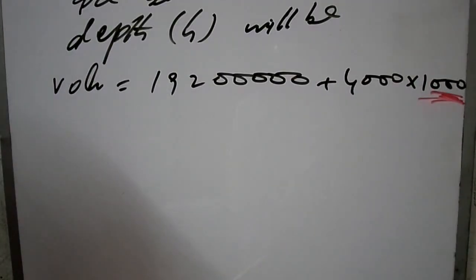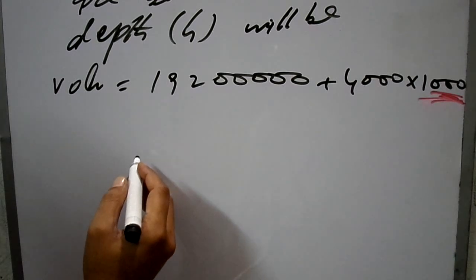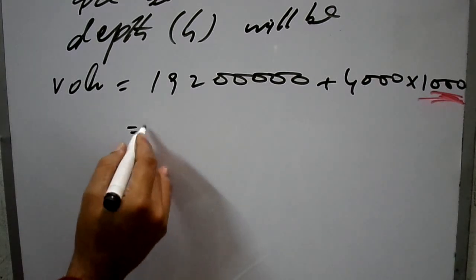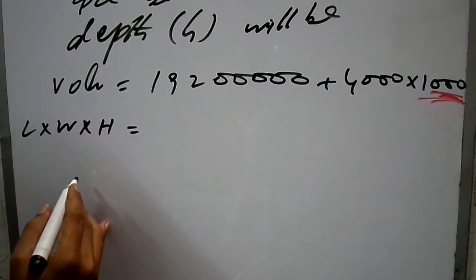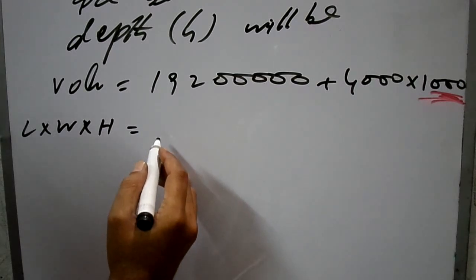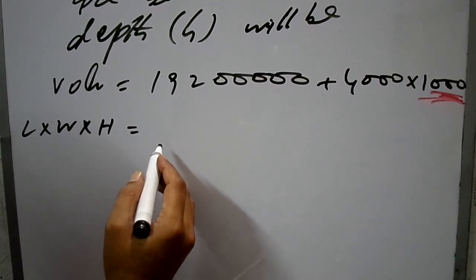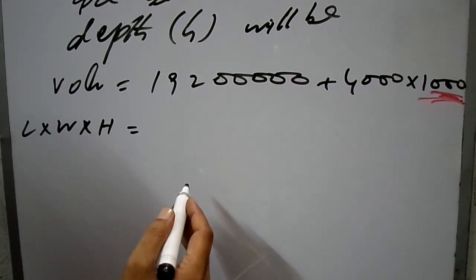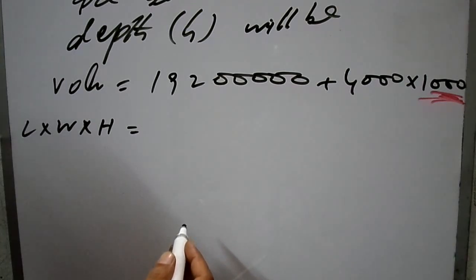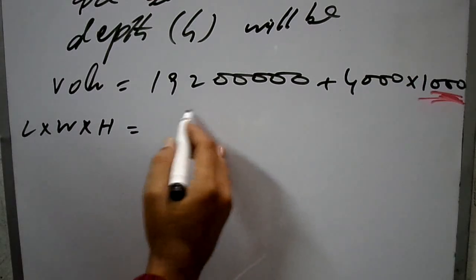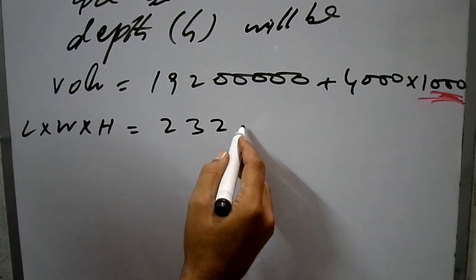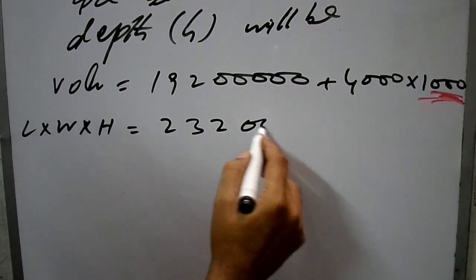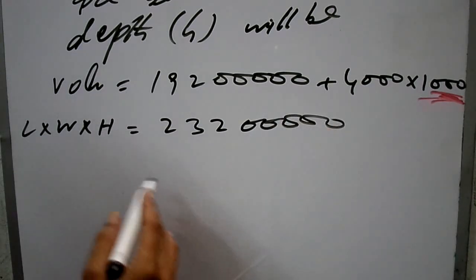So now after simplification, you can see the volume has the formula length into width into height. After adding this, you will get the total volume.